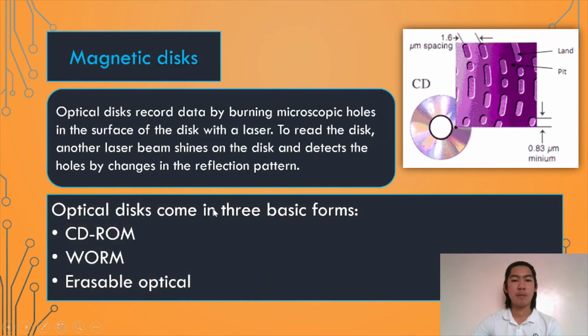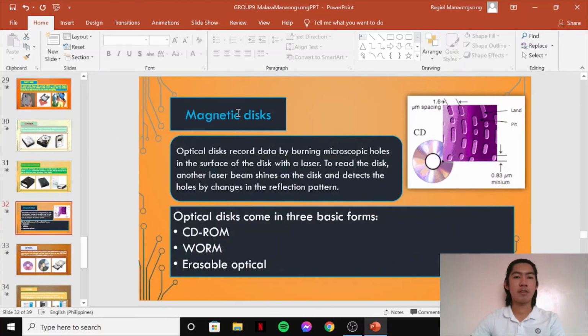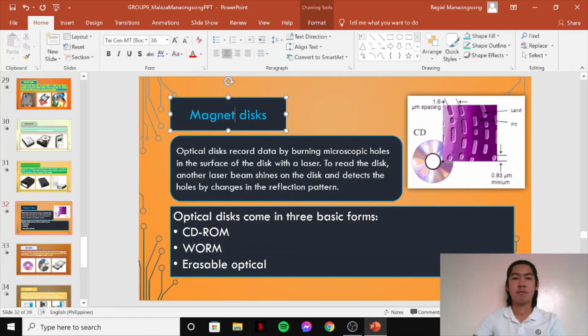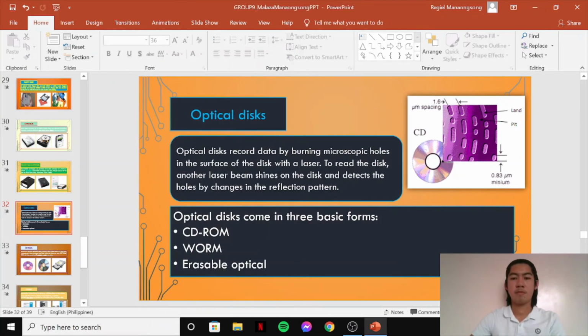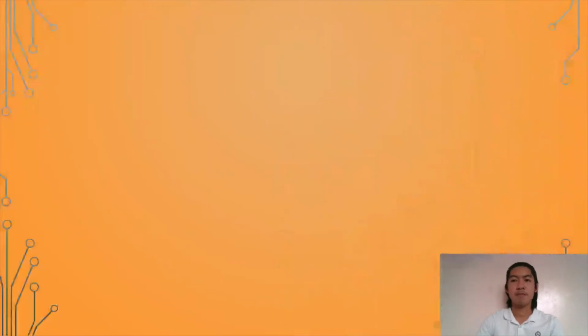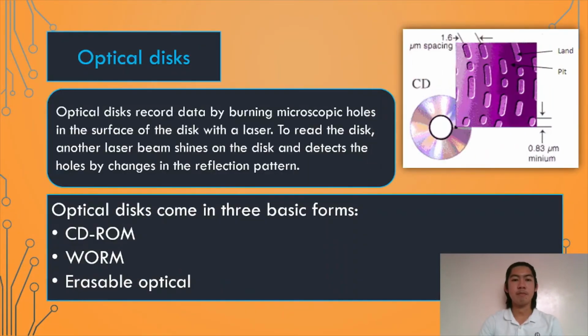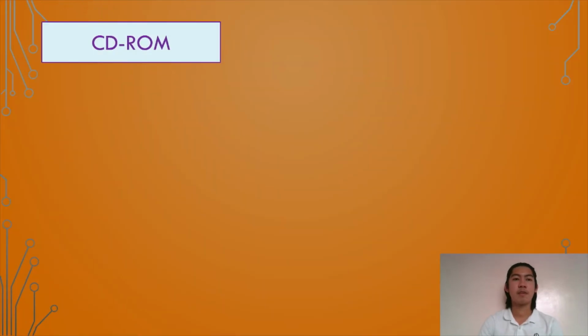Optical discs come in three basic forms: CD-ROM, WORM, and erasable optical. First is CD-ROM.